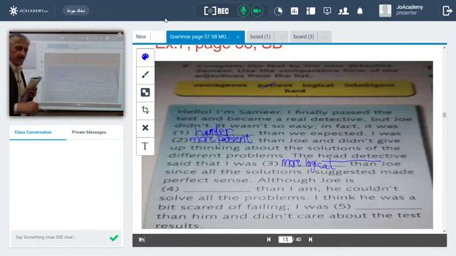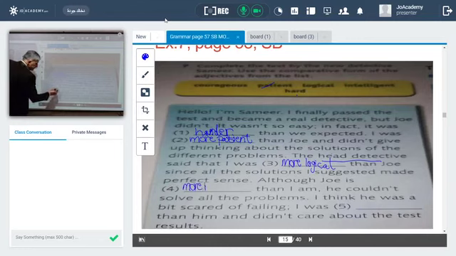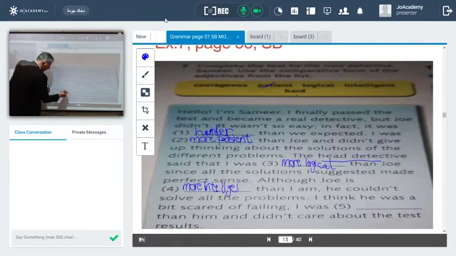Although means على الرغم من. Although Joe is more intelligent than I am, he couldn't solve all the problems.